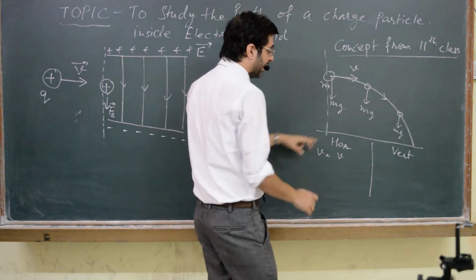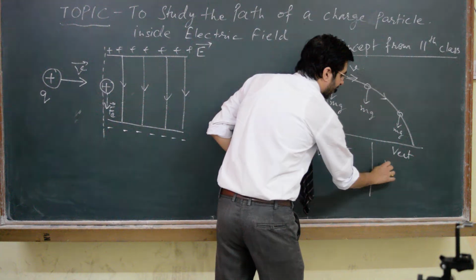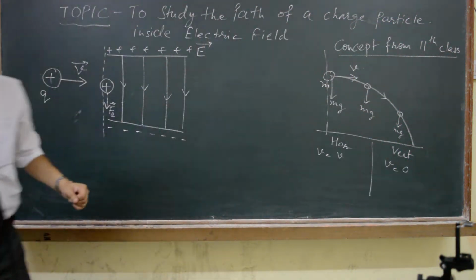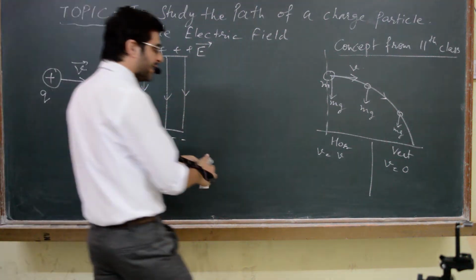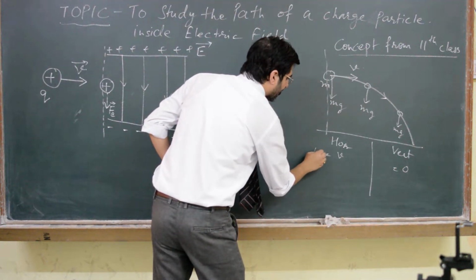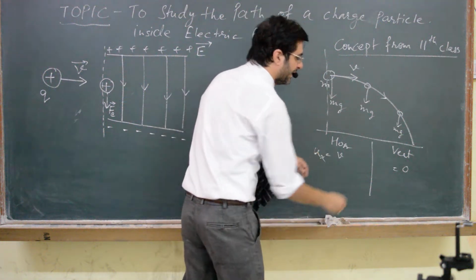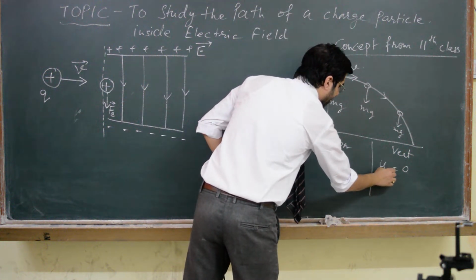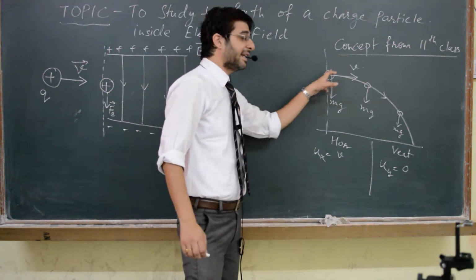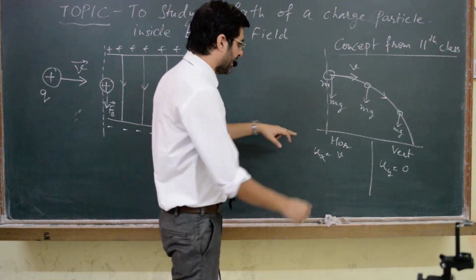The initial velocity of this particle is v, vertical velocity is 0. Initial velocity we will represent by u. Initial velocity in horizontal direction is v, and initial velocity in vertical direction is 0, as the particle initially is moving in the horizontal direction only.